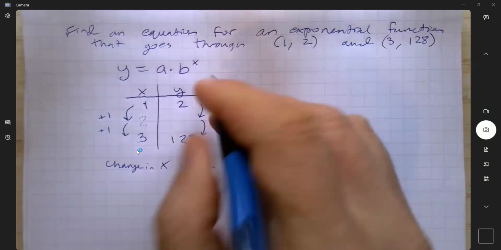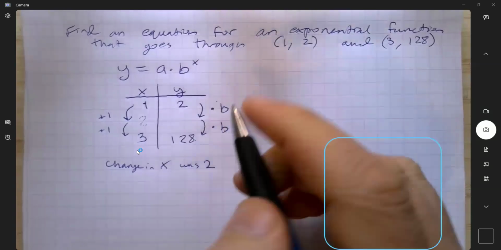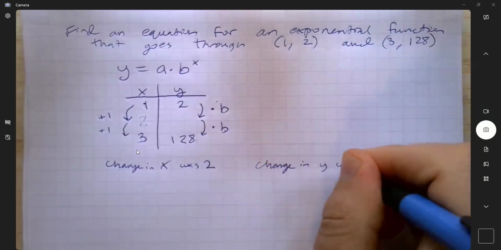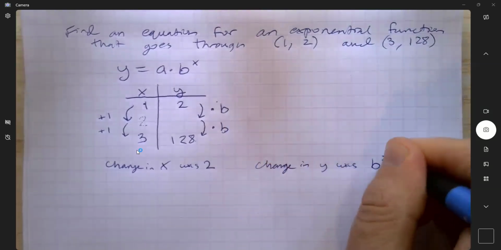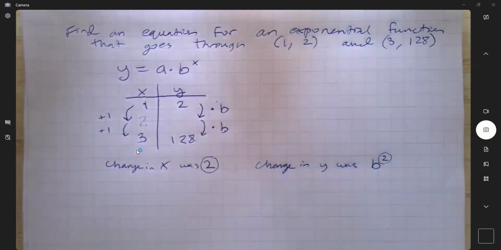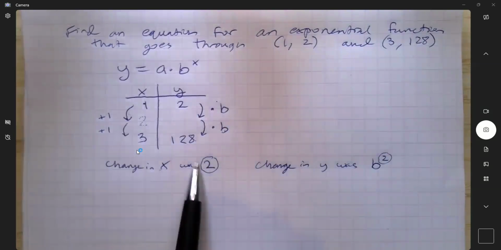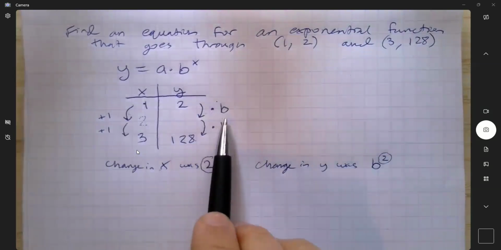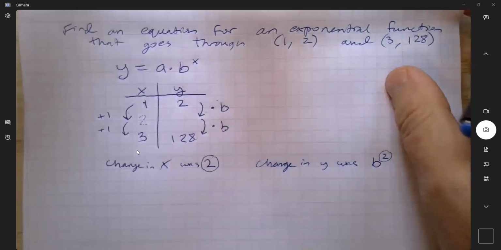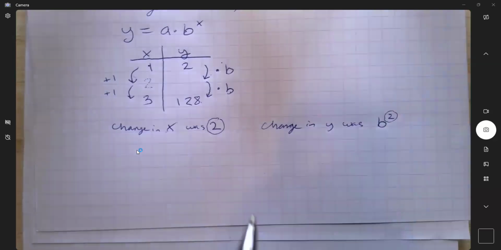We're multiplying by our exponential rate of change. The change in y was b squared. That 2 and that 2 are exactly related. If your change in x added 2, then your change in y multiplied by b twice, so it multiplied by b squared.